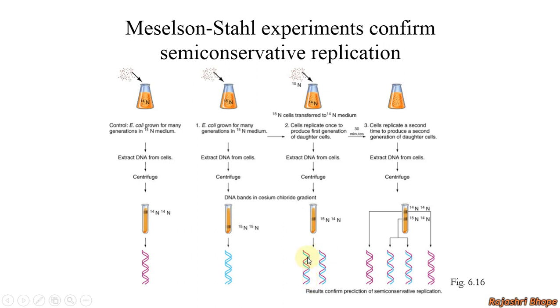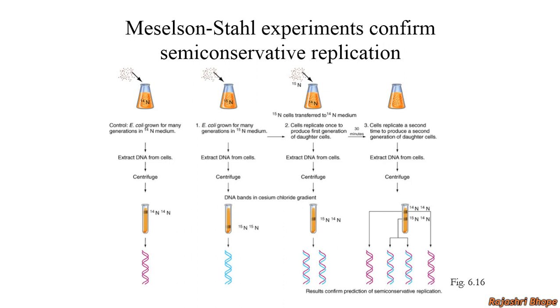Because now the DNA present in a cell replicates, the two DNA strands separate from one another, and this pink one is newly synthesized. So one DNA molecule contains one DNA strand with heavy nitrogen and another with light nitrogen. Next, after 30 minutes or after growth of the first generation, the cells replicate a second time to produce the second generation of daughter cells.